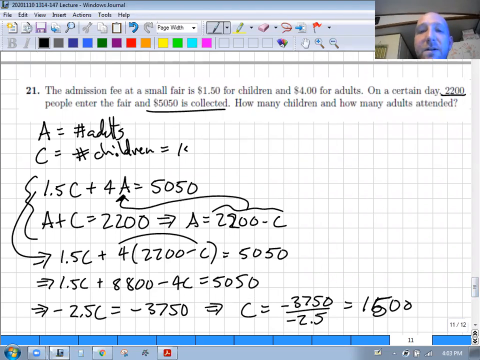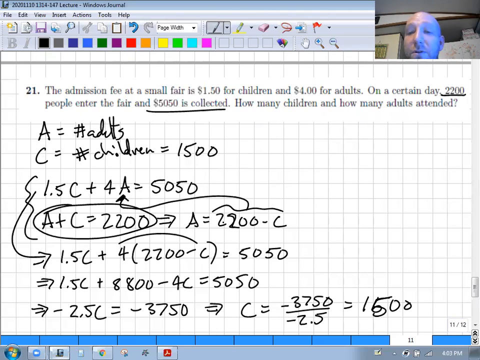We had 1,500 children. All right. We know that the number of adults and children is 2,200, or the number of adults is 2,200 minus children. 2,200 minus 1,500 is 700. So 700 adults and 1,500 children.